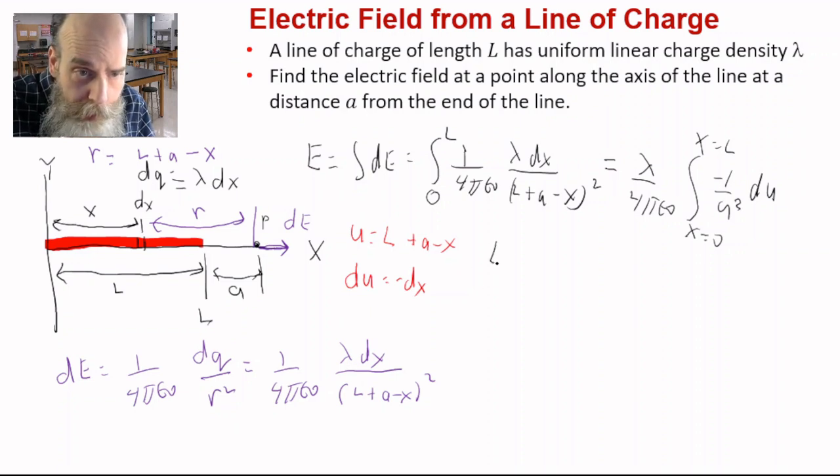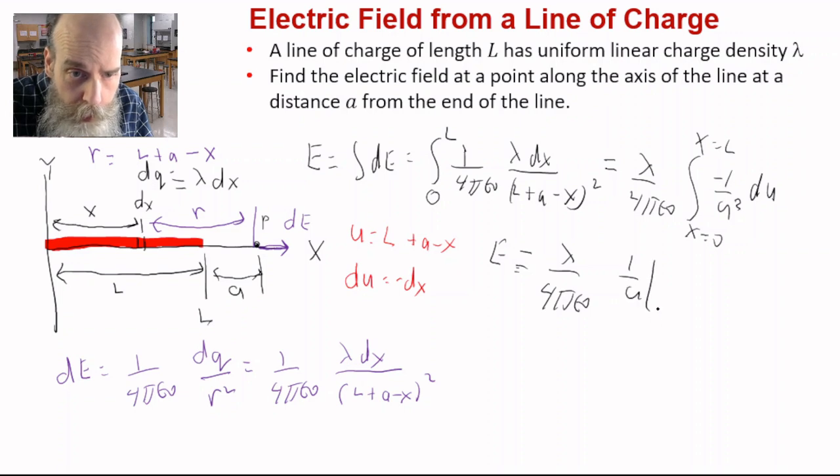So our integral then becomes E equals lambda over 4 pi epsilon 0 times 1 over u, x equals 0 to x equals L.